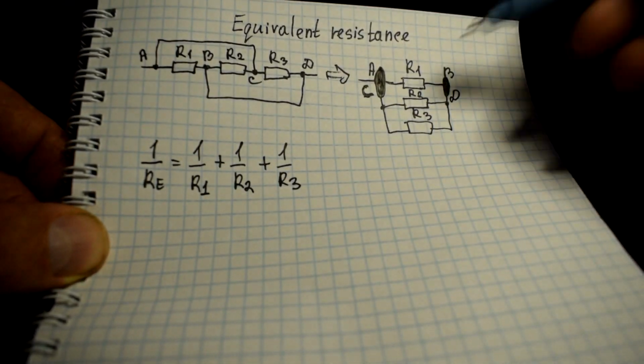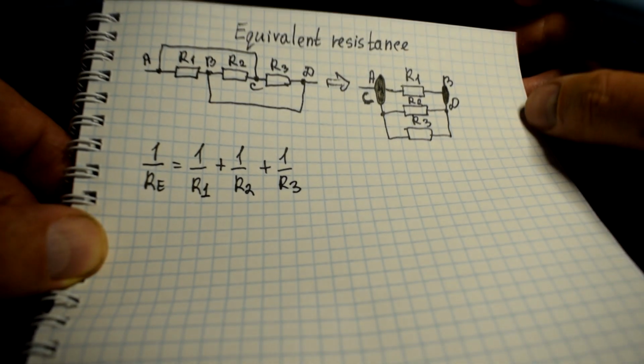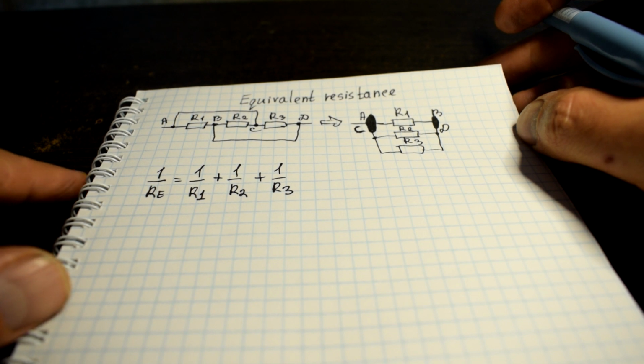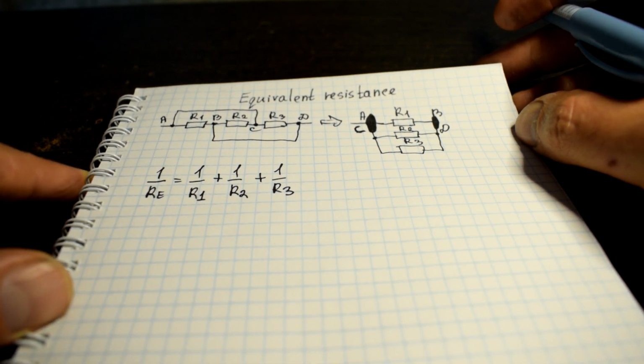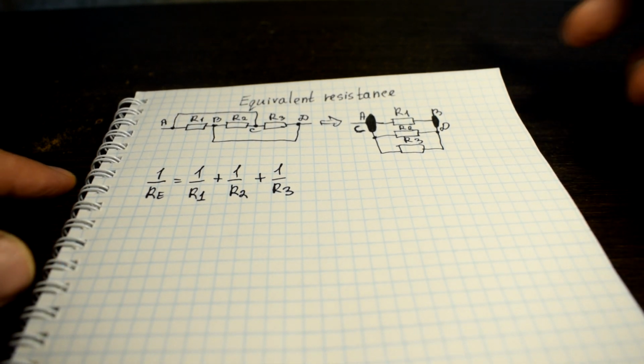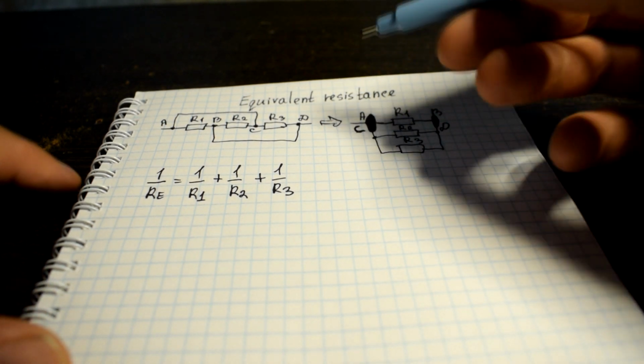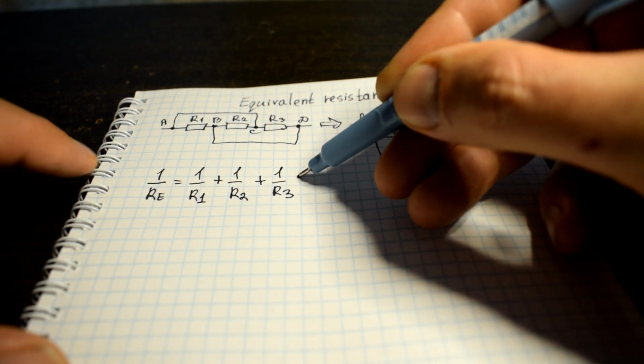For parallel connection, this is the parallel formula. It is necessary to sum up to a common denominator.